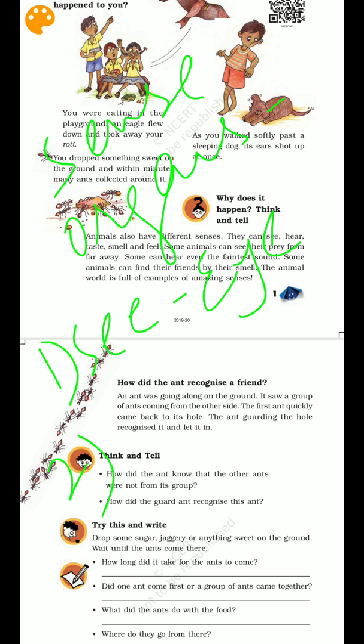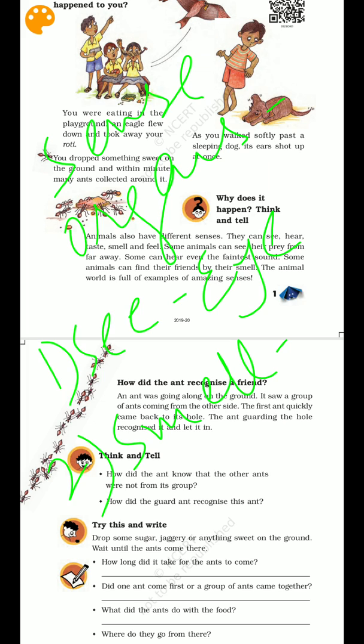Now the next one is smell. We get information about any substance with the help of smell also. Suppose you are given a rose or a lotus, how do you know that it's a rose or a lotus? By smelling it.